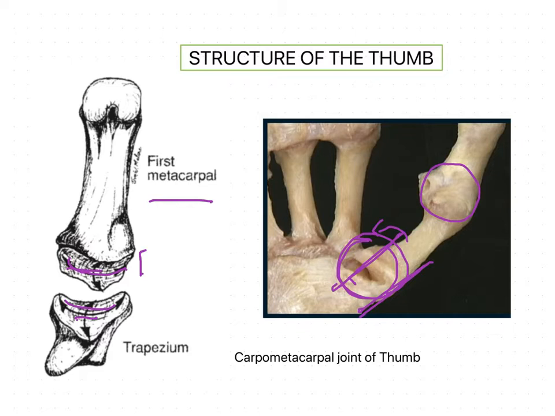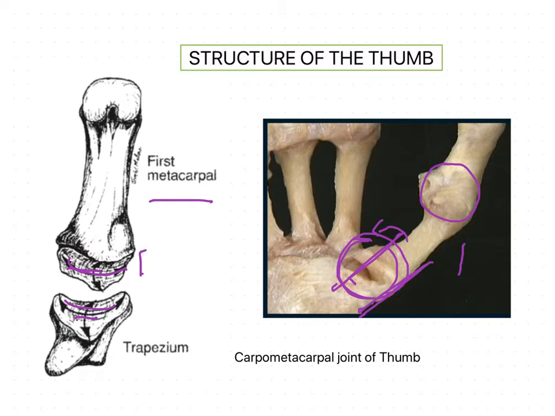Abduction, at right angles, is by abductor pollicis brevis and abductor pollicis longus. Adduction takes place by adductor pollicis, and opposition by opponens pollicis and flexor pollicis brevis muscles. These are the movements taking place in the carpometacarpal joint.